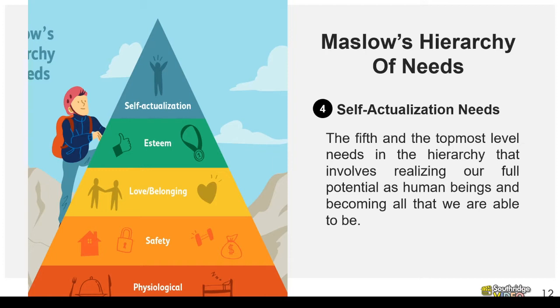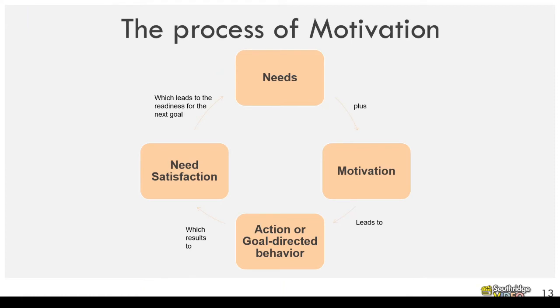So, how does Maslow's hierarchy of needs influence motivation? So, we must remember this figure. This is the process of motivation. First box is our needs, which are based upon Maslow's hierarchy of needs.